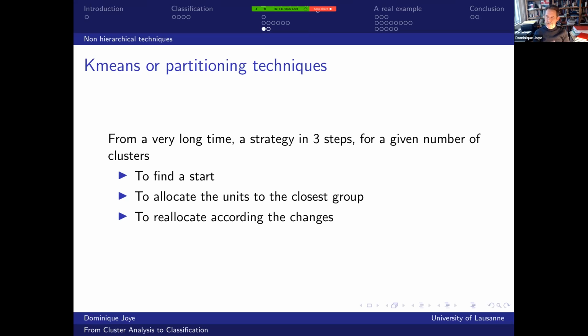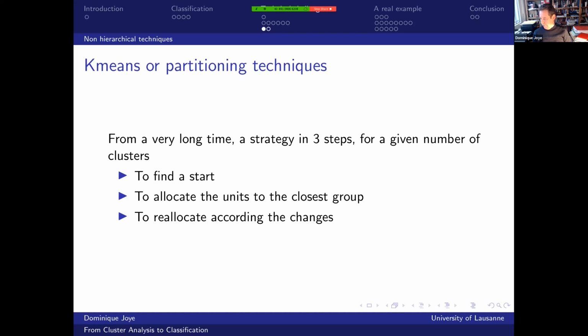And then I have to repeat the operation in order to say, with this new center, what happens? Is it still the nearest one? And so on. So it's just a combination of allocation of the units to the different groups, recomputing the means, reallocating, and so on. So that's the idea. Once again, the idea is rather easy to follow.